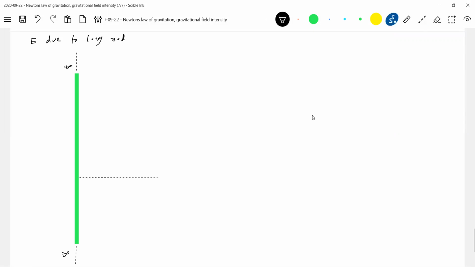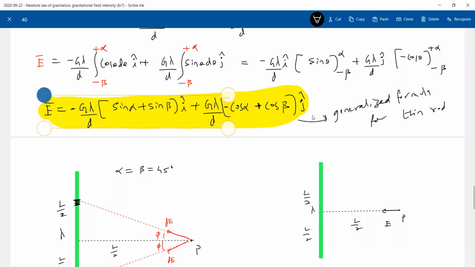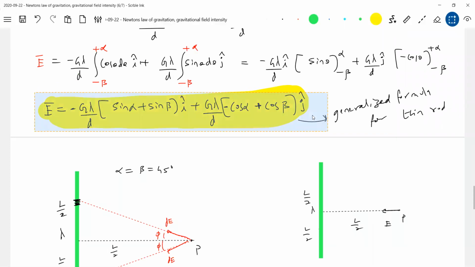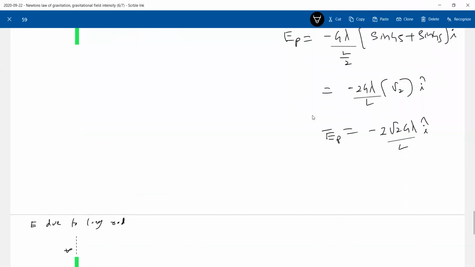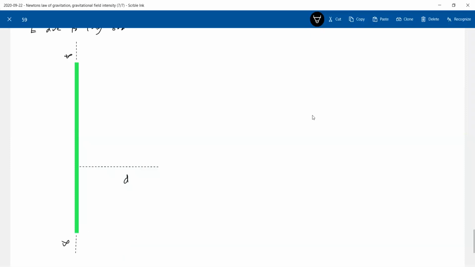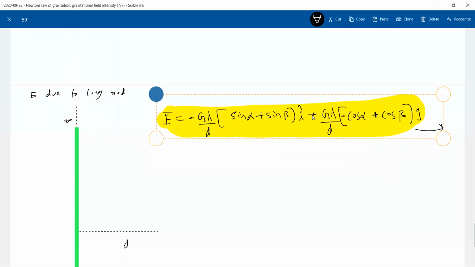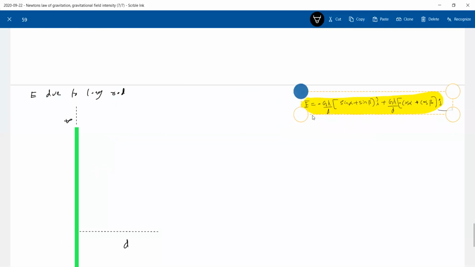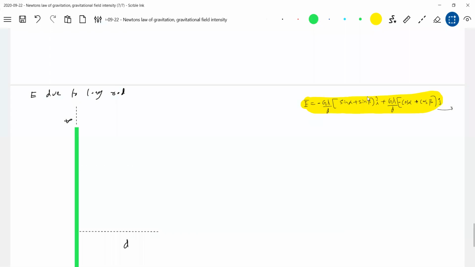What is the field at a distance D? I'll bring that formula. Let me keep this formula in the corner. Okay, all of you able to see this? Yeah.